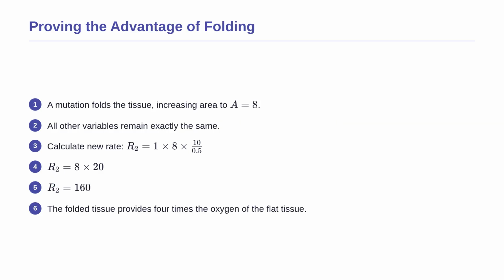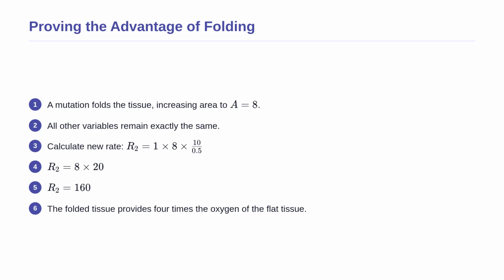So we have calculated the baseline rate. This brings us to proving the mathematical advantage of anatomical folding. What happens if a mutation causes that exact same tissue to fold back and forth on itself? The surface area increases to 8, while everything else stays the same. We substitute the new area of 8 into Fick's law.